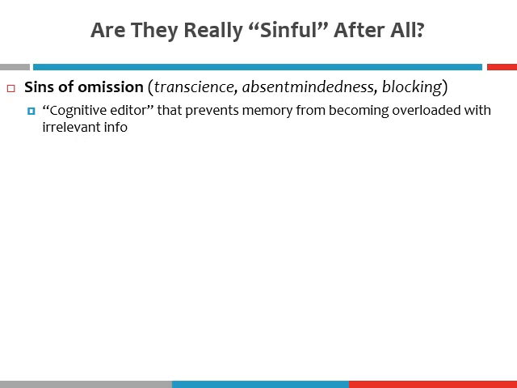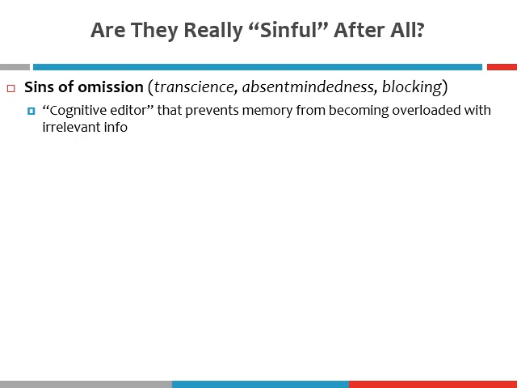So really the reason why sins of omission are helpful is they function as cognitive editors, right? So either forgetting stuff that's no longer relevant because time has passed, forgetting stuff because it wasn't important enough for you to pay attention to it in the first place, or forgetting stuff because it's been replaced by more relevant information.